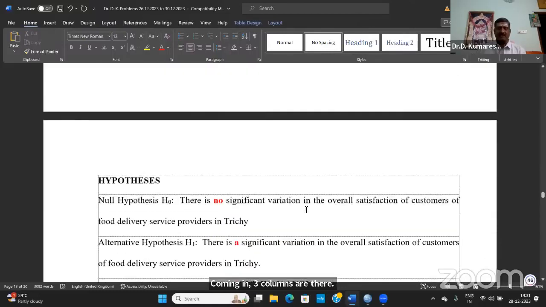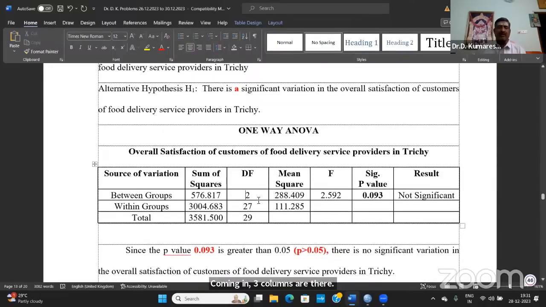So V1 is C minus 1. There are 3 columns, so C is 3. 3 minus 1, 2. So that is V1.